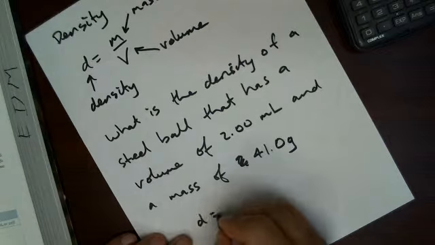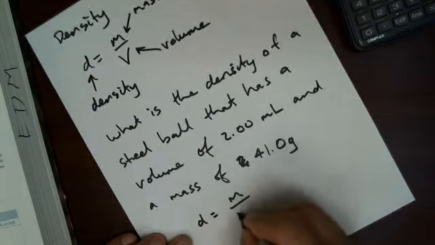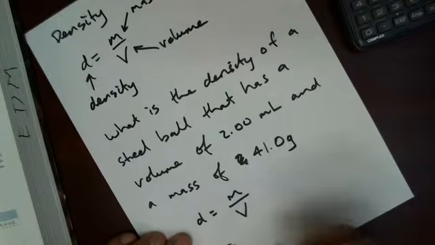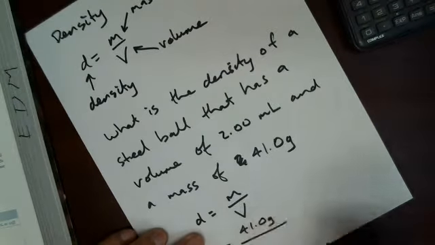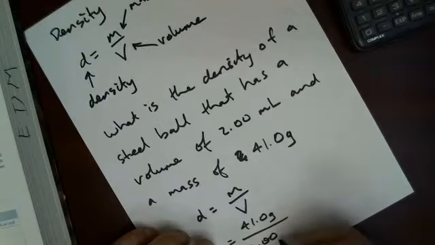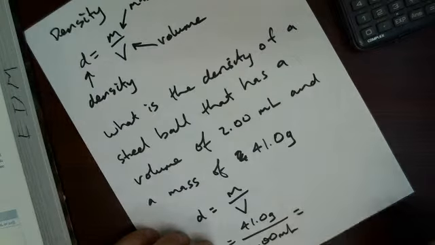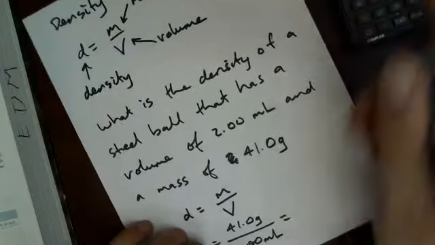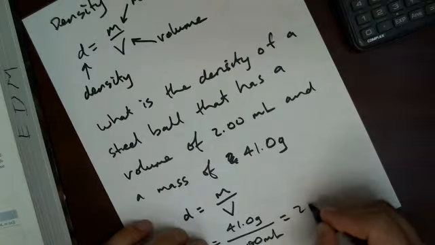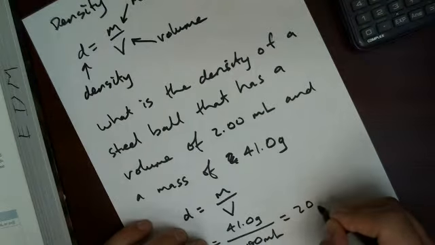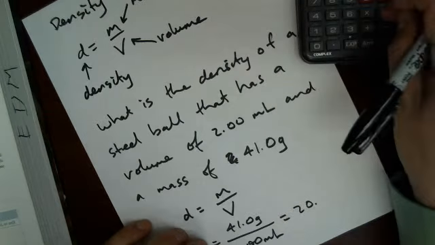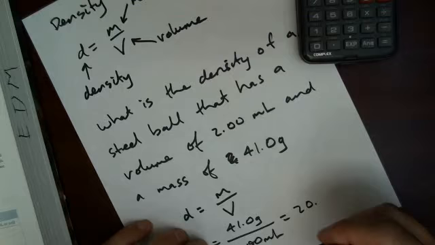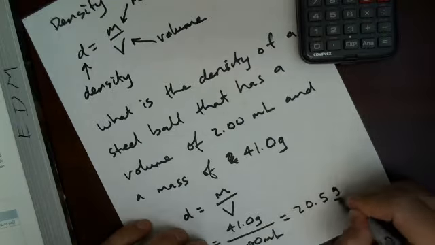To answer the question, density equals mass over volume, equals 41.0 grams over 2 mils, equals 20.5, is that right? 20.5 grams per mil.